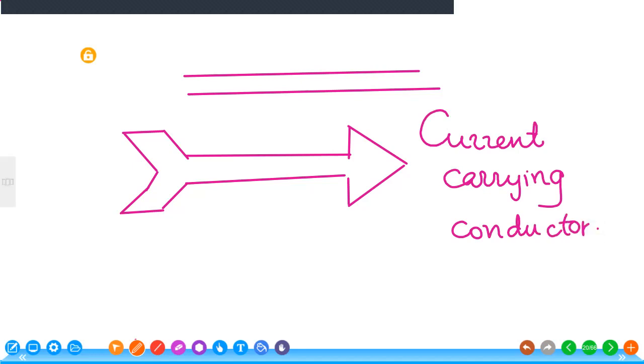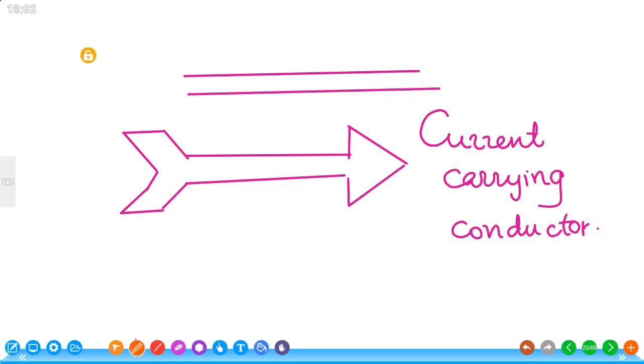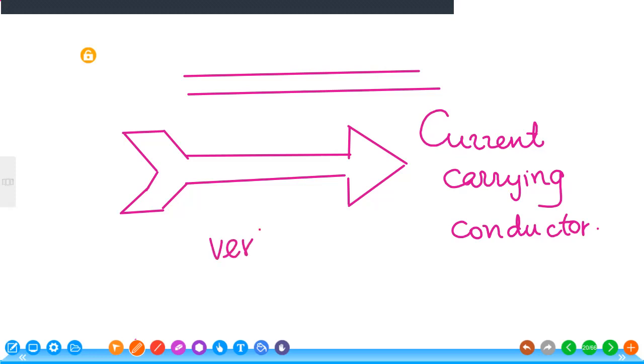Right. The current carrying conductor is represented by an arrow. Now imagine there is a current carrying conductor kept vertically. That means from the plane of the book upwards.